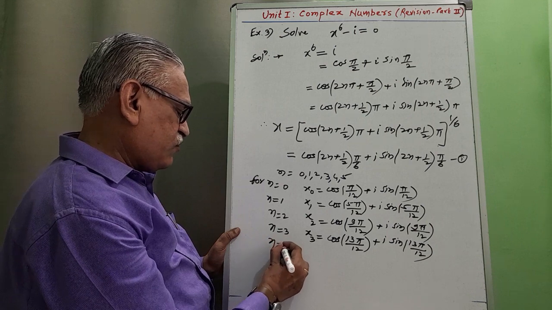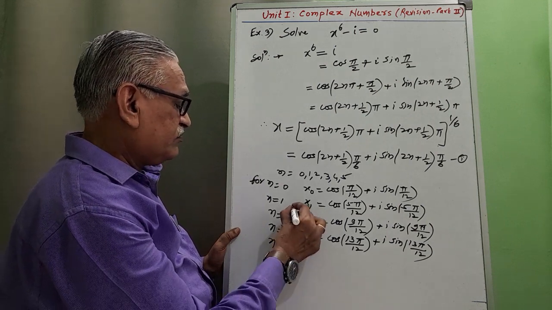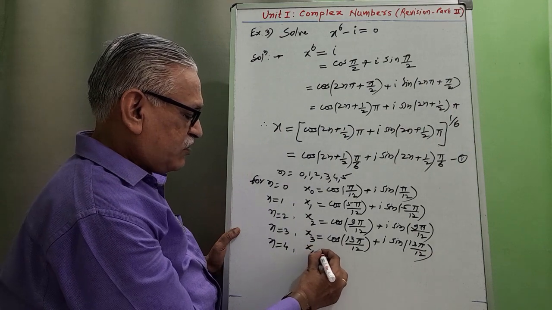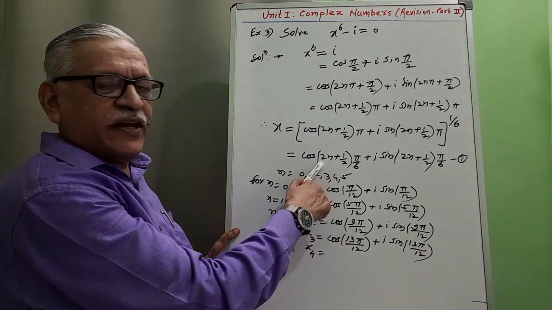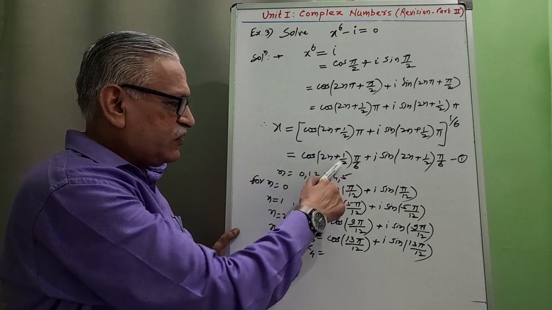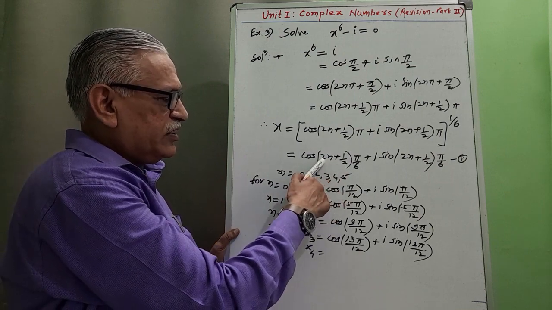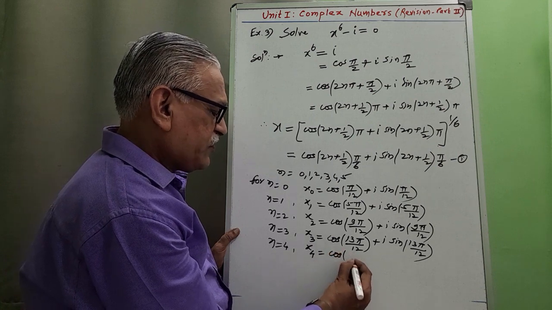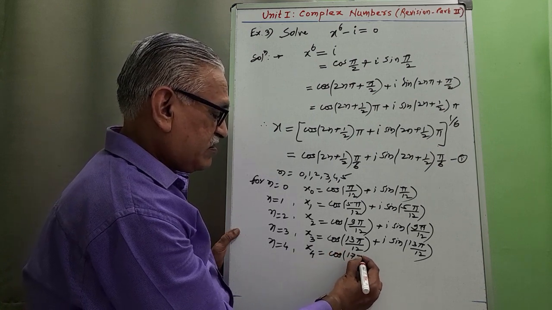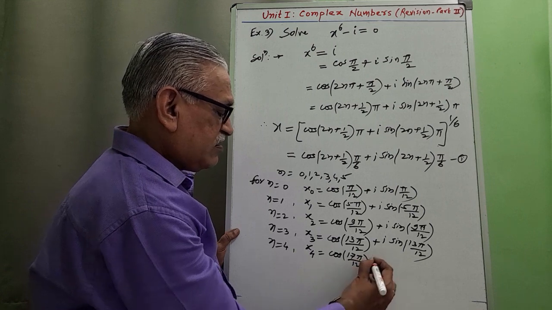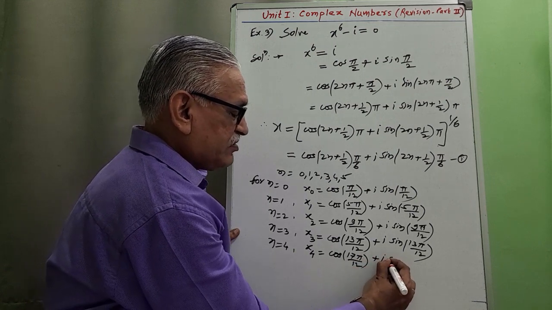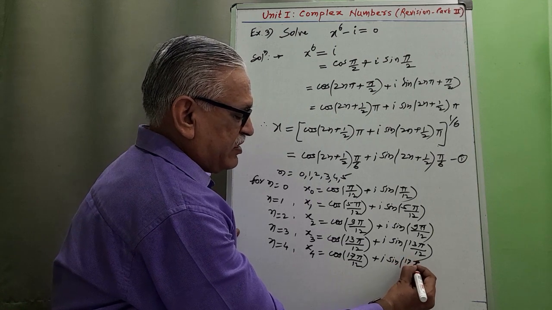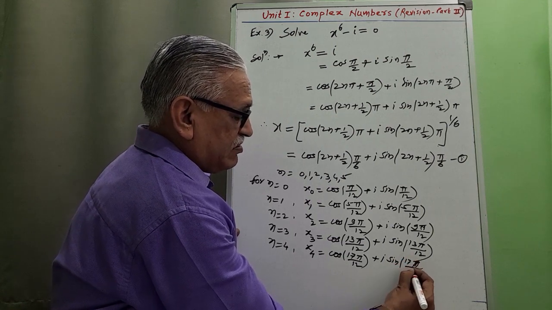Then for n equal to 4, we get x4 as 2 into 4, 8 plus 1 by 2, 16 plus 1, we get 17. Therefore, cos of 17 pi by 12 plus i times sine of 17 pi by 12.